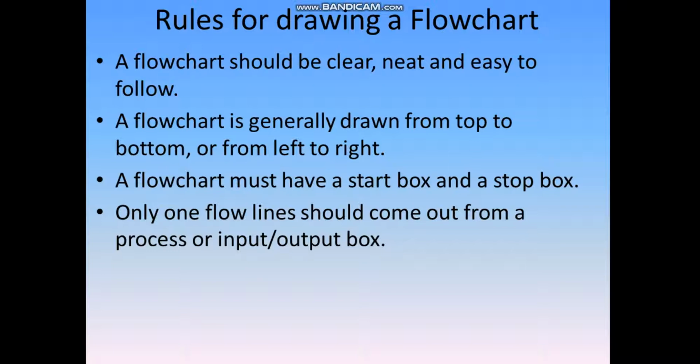Second, a flowchart is generally drawn from top to bottom or left to right. You will see a few examples in this video of how a flowchart moves from top to bottom. A flowchart must have a start and stop box. This is the compulsory step which we need to give when we draw a flowchart.